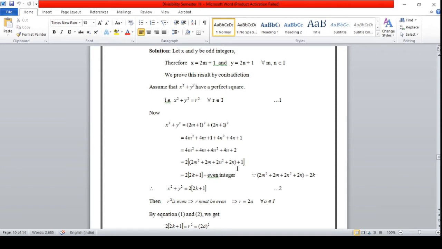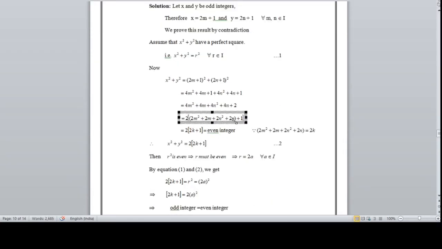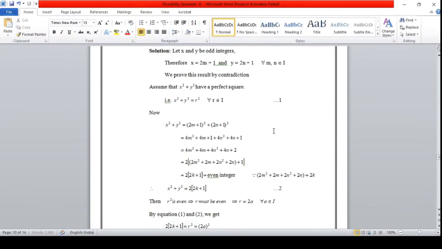So the bracket is again an integer, denoted by k, giving 2 times (2k plus 1), where the bracket is equal to 2k, an even integer.